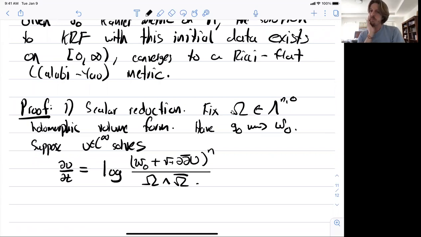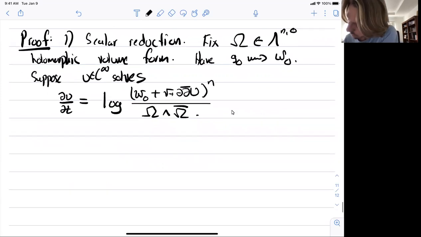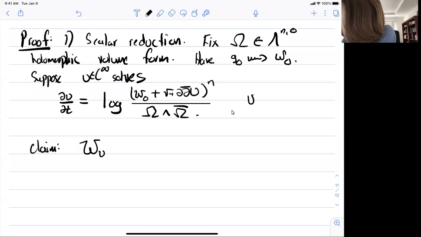Okay, so I'm imposing this equation, and then the claim is, what notation do I want to use, I guess omega sub u, and here let me impose the initial data u0 is 0.